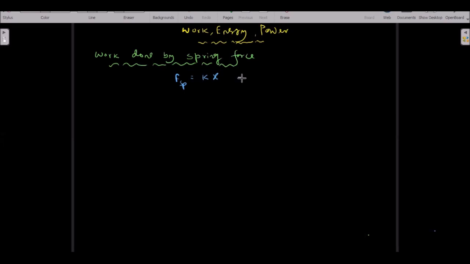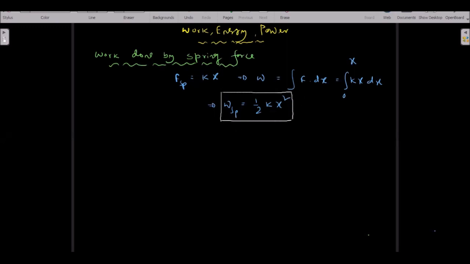Work done will be W equal to the integral of F dot dx, so Kx dx. If I take the limit from 0 to x, the work done by a spring we get is half k x square.